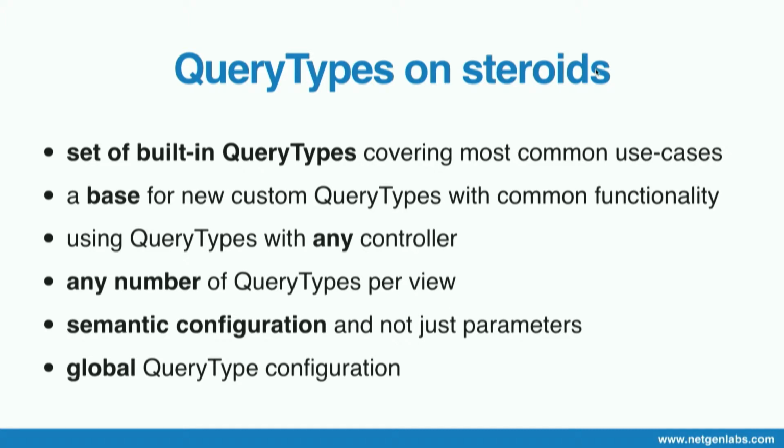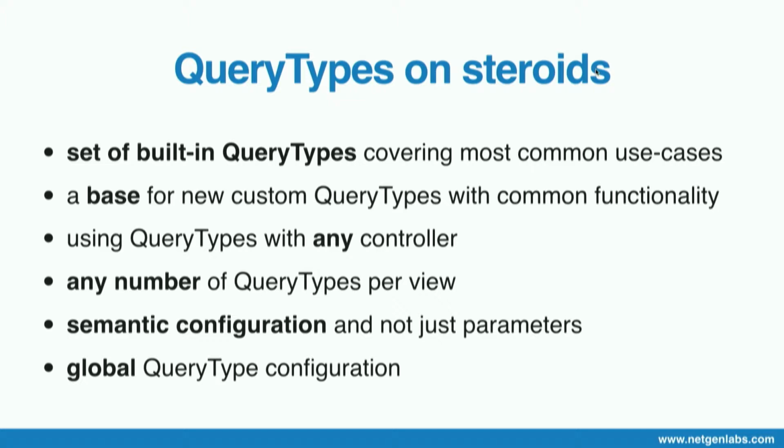We provide, with our implementation of query types, a set of built-in query types that cover most common use cases. This means children, siblings, subtree, relations, all kinds of relations: forward relations, reverse relations, even tag relations, as you will see, and general purpose queries. With this, we basically created a base for implementing new and custom query types that will inherit common behavior.